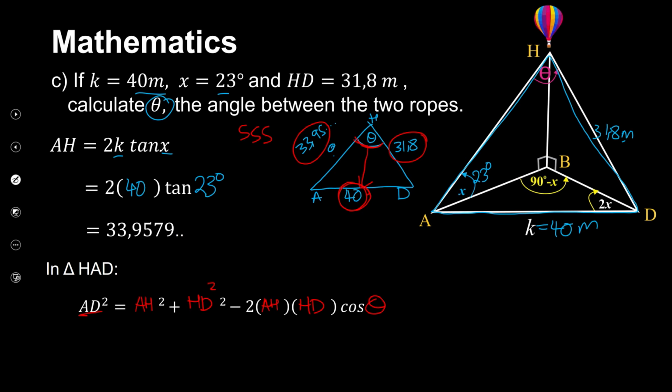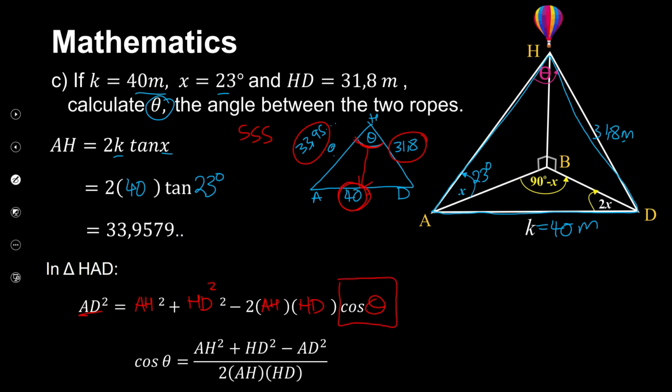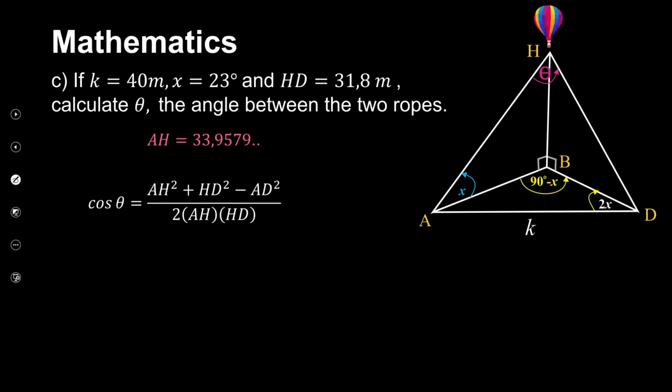Now we're going to rearrange this because remember, we are looking for cos of theta. So we're going to make cos of theta the subject of the formula. So it will be AH squared plus HD squared minus AD squared divided by 2AH HD. Okay, we've done this conversion lots of times. Now we've got to go and substitute into the equation.